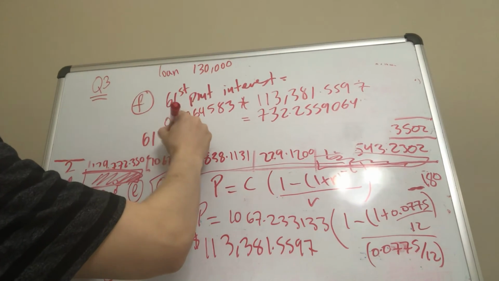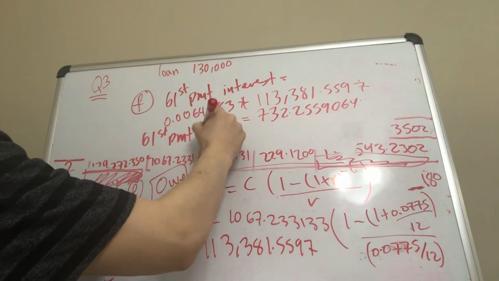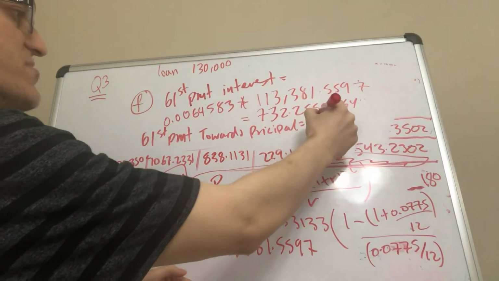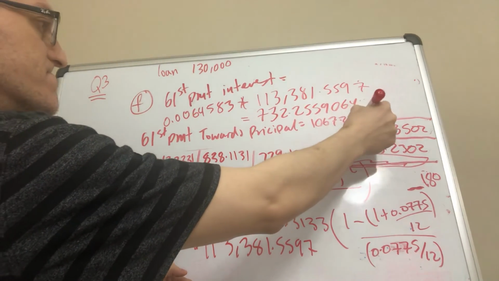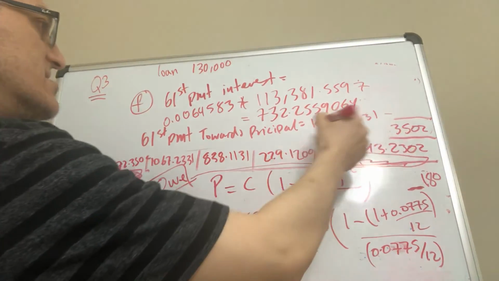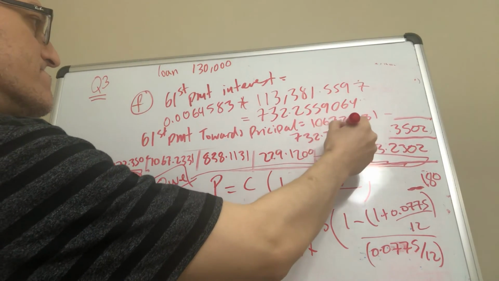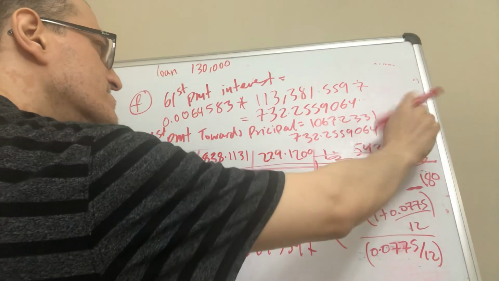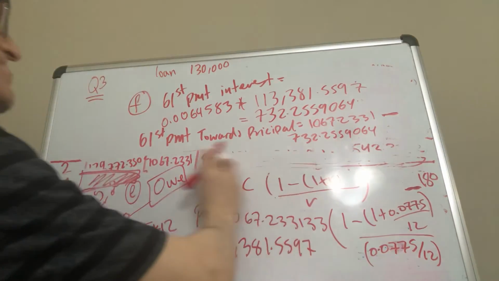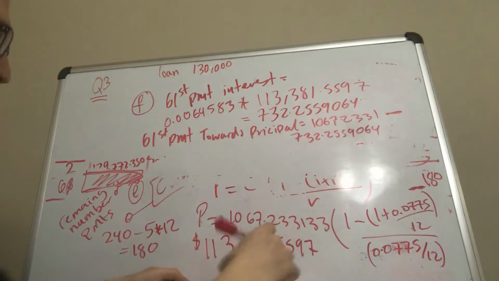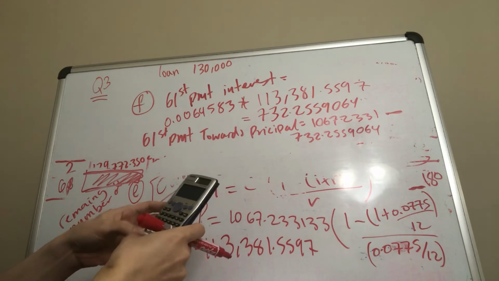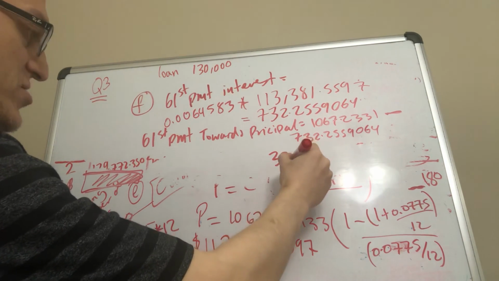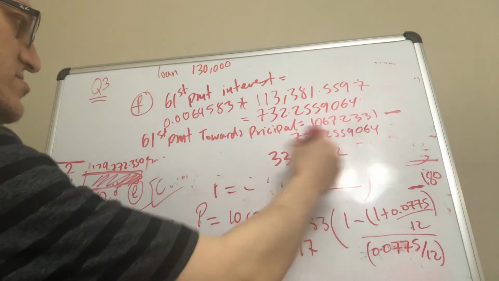So the 61st payment towards principal would be whatever the payment amount is minus this. It will be 3.349772.